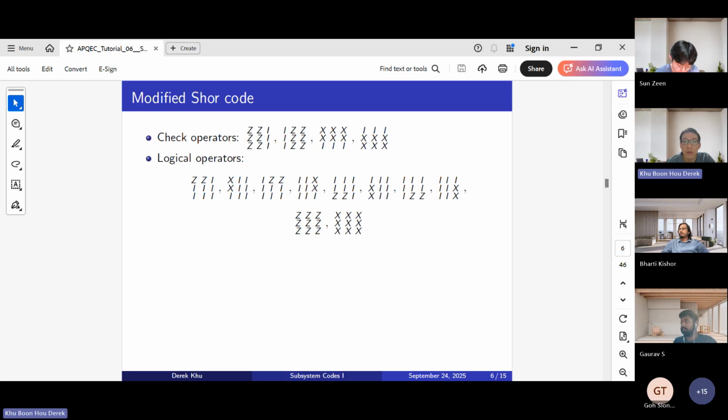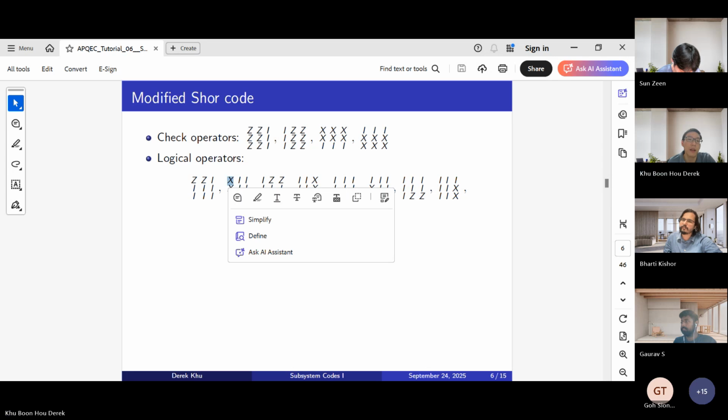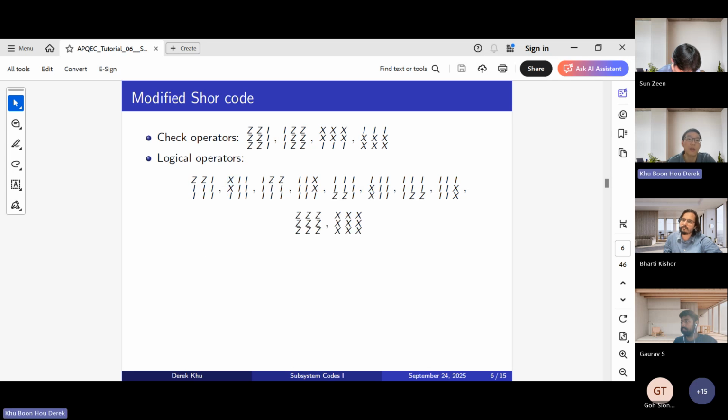The reason why I wrote it this way is because we noticed that these two anti-commute with each other, right? They have an x and z which differ in one spot, and then the rest are the same.